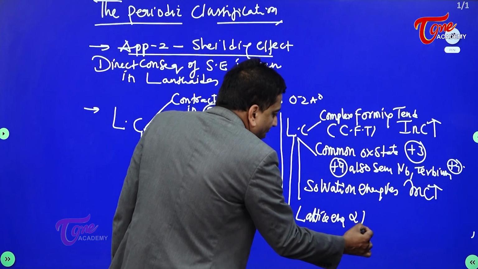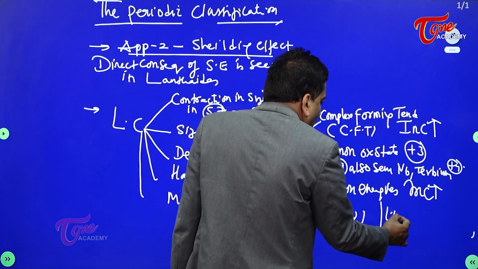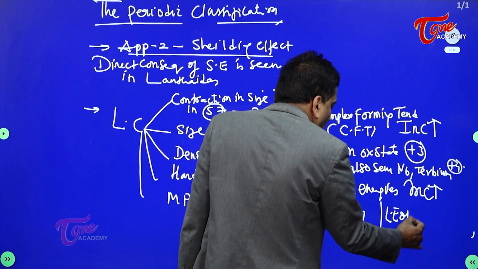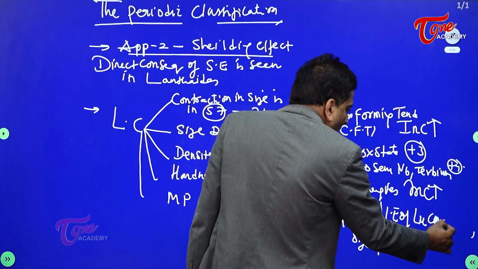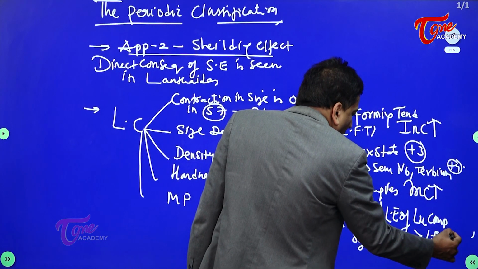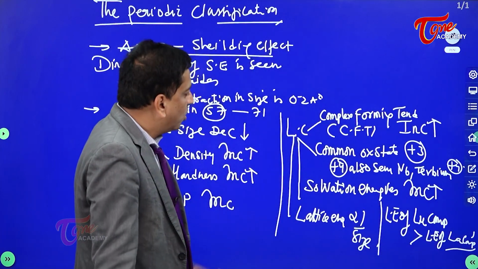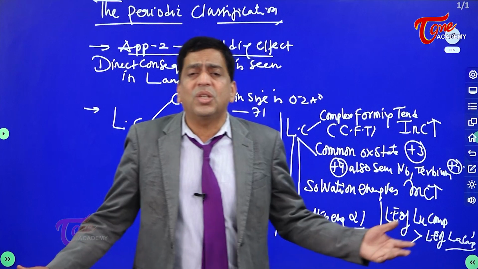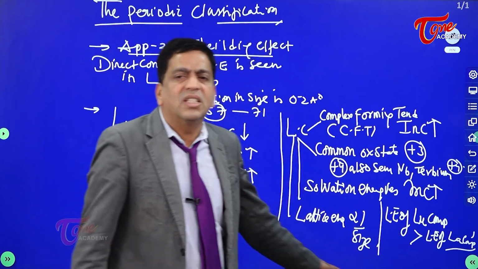is actually inversely related to the size. So I can simply say the lattice energy of lutetium compounds, since lutetium is smaller, would be greater than the lattice energy of lanthanum compounds. You must understand this, right? As the size decreases, lattice energy would be increasing, because lattice energy is inversely related to what?